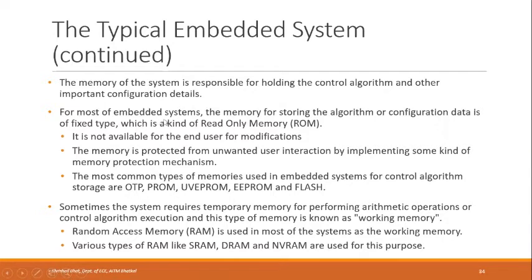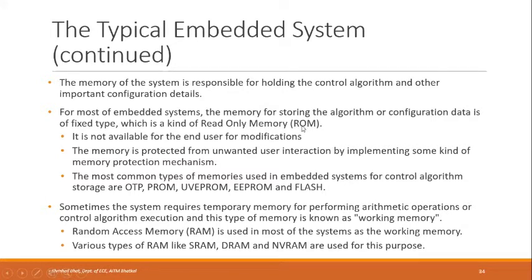For most embedded systems, the memory for storing the algorithm or configuration data is of fixed type, which is a kind of ROM. ROM stands for read-only memory. ROM is used to store the program or the control algorithm, so it is also called the program memory. It is not available to the end user for modification. The end user cannot change any contents in the ROM.